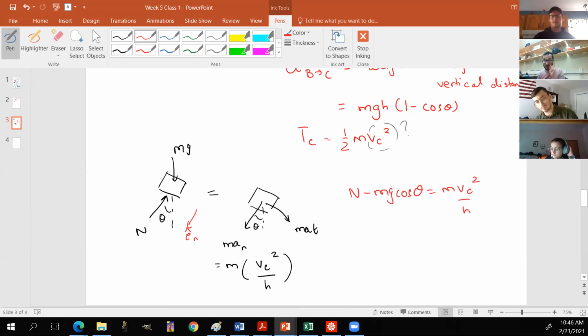But at the point it loses contact, N is equal to 0. So you find an expression for your velocity: vc squared is just equal to gh cosine theta. And that's it. 2 expressions, 2 unknowns, problem solved.